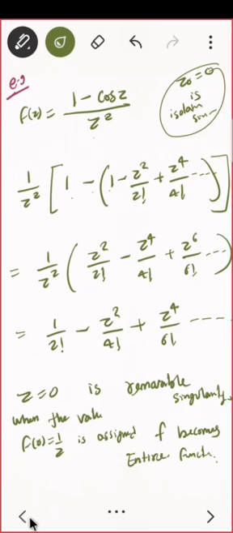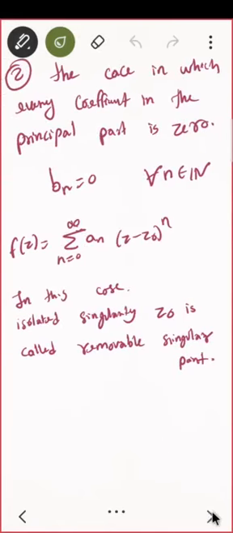So this was the second and third one. What remains now? Once we have taken finite bn's, and all bn's as 0, what is remaining now?